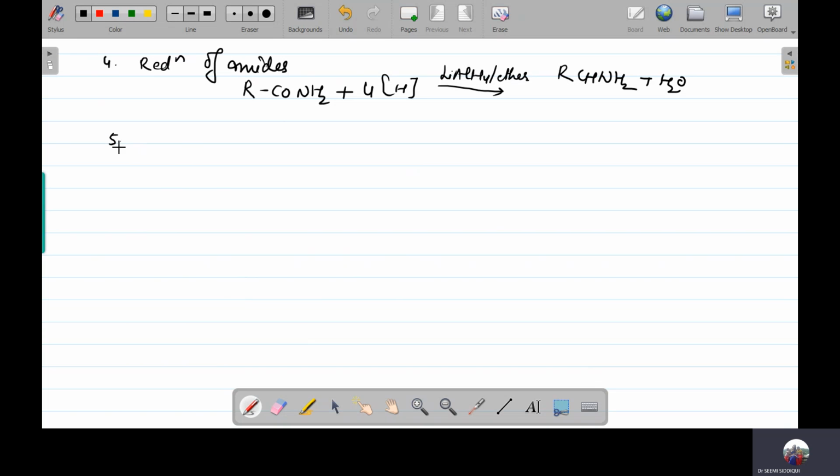Then the next preparation method is a named reaction. Named reactions are always very important. That is your Hoffmann bromamide degradation reaction.